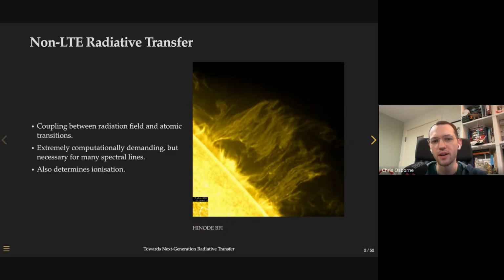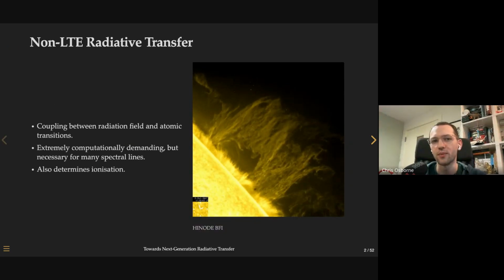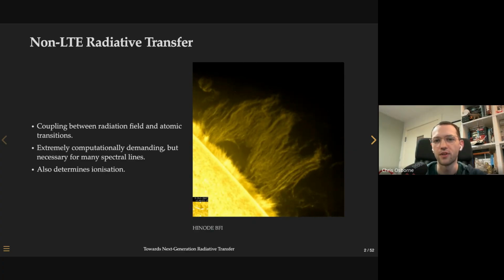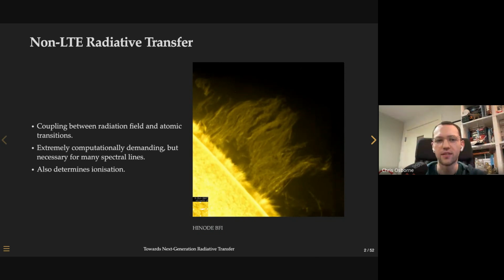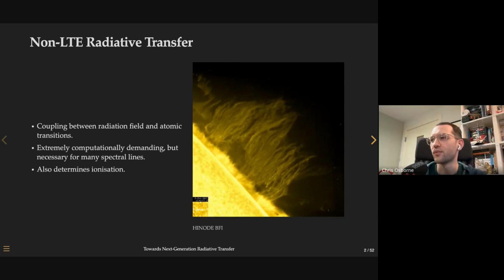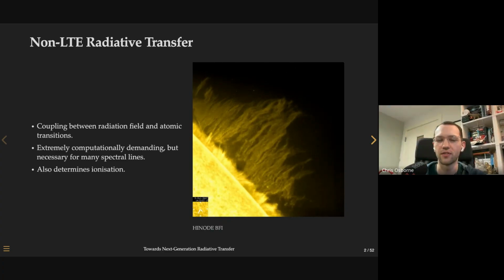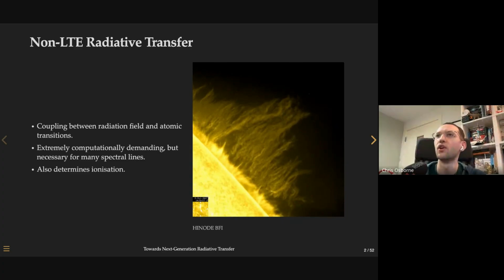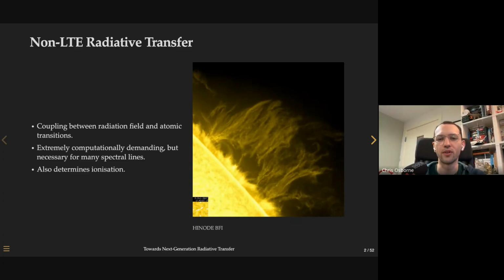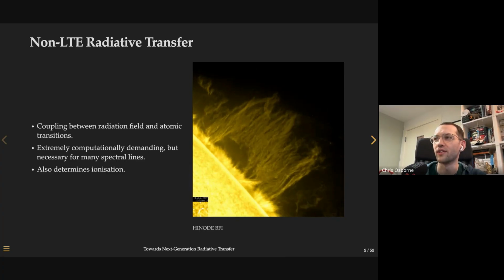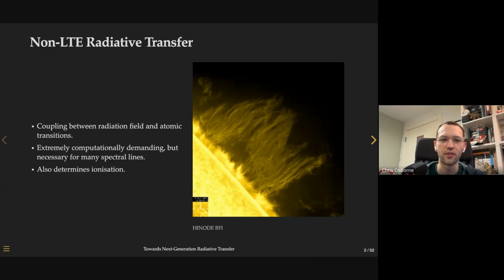So I imagine that most people will be familiar with non-LTE radiative transfer, but to give the very brief overview, it's the complicated situation we find ourselves in when dealing with the spectral lines of interest, targeting the cool but not too cold plasma, all the stuff that forms in the chromosphere and in the coronal condensations.